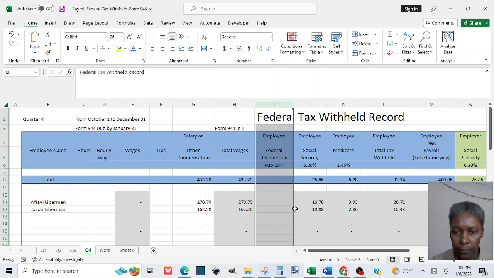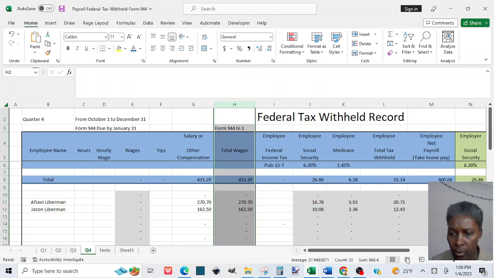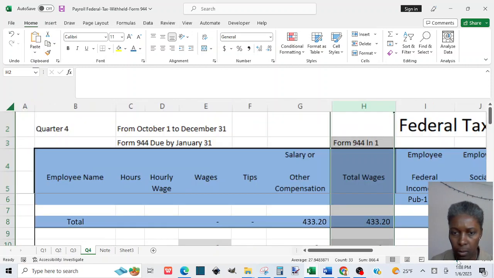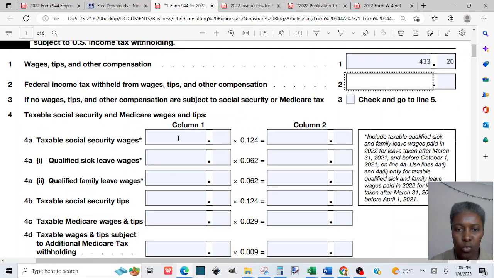Okay, so wages subject to Social Security is going to be 433.20 as well. So we are going to put 433.20.